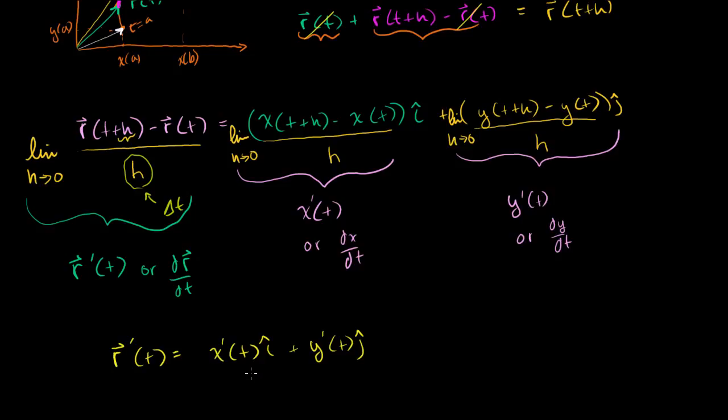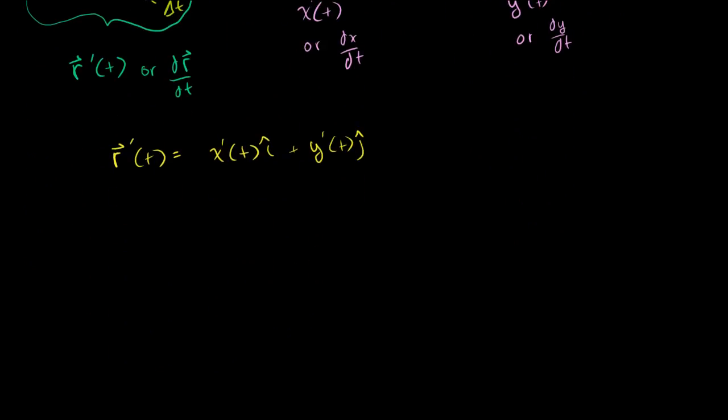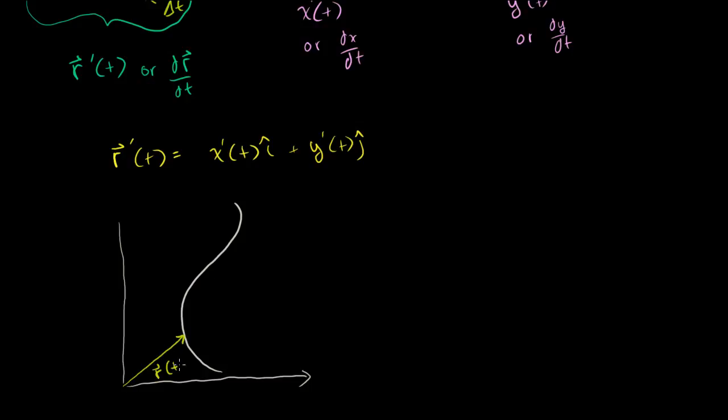But the harder thing, maybe, is to visualize what it represents. So if we think about what happens, let me draw a big graph just to get the visualization going in a healthy way. Let's say my curve looks something like this. That's my curve. And let's say we want to figure out the instantaneous change at this point right here. So that is r of t.